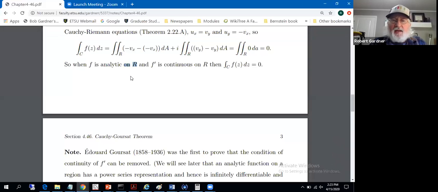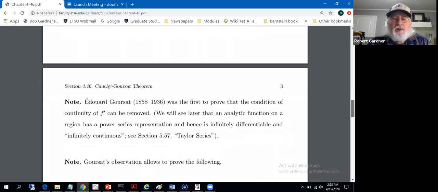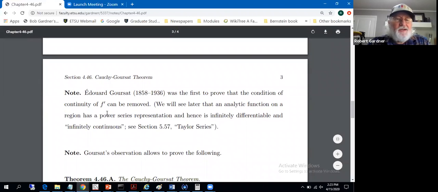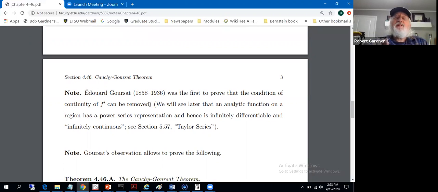We need f to be analytic on and inside a simple closed contour C. Then we'll get an integral of 0. That'll be the Cauchy-Goursat theorem. So Goursat was the first to prove that we don't need to look at antiderivatives or f prime. We can just look at the function f itself, and if it's analytic on and inside simple closed contour C, then we'll get integrals of 0.